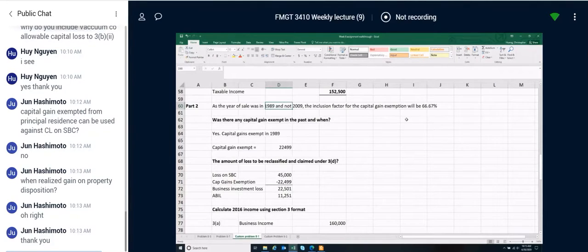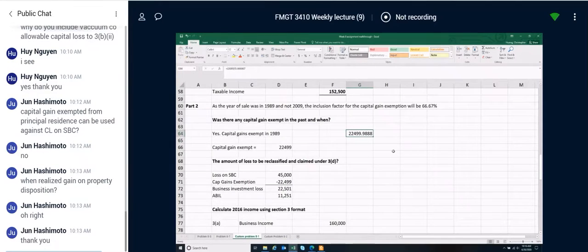Okay, so if I gross up to 15,000, remember 15,000, if I want to do my gross up formula, right? It's not 1 minus 0.666667.